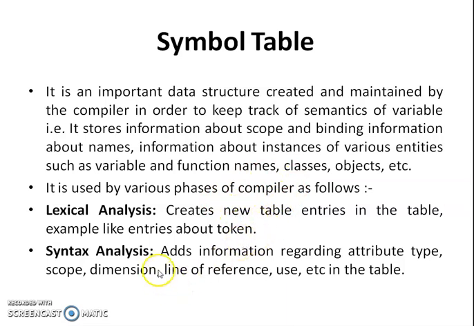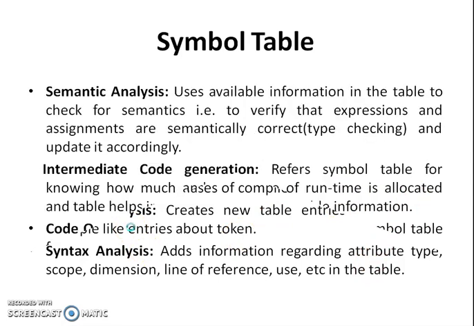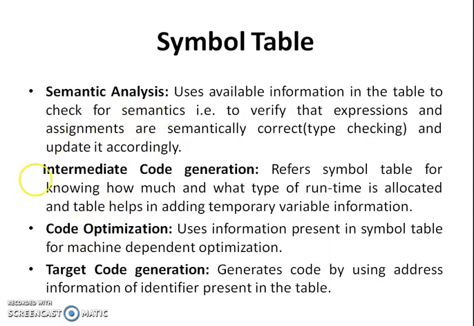The next phase is the syntax analyzer. It stores all the information related to the parse tree, like its attribute type, attribute scope and dimension. In the case of semantic analysis, it also stores information such as whether assignment expressions are verified or not. Basically, semantic analysis does type checking also.